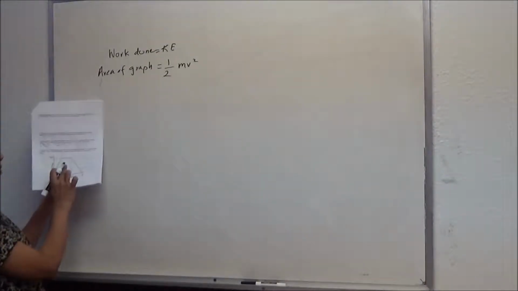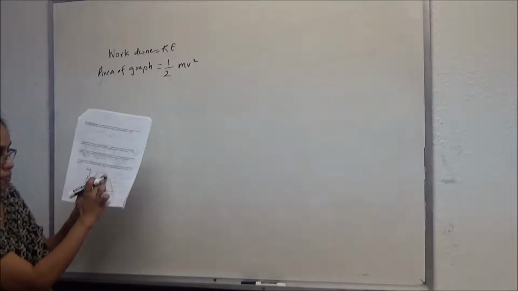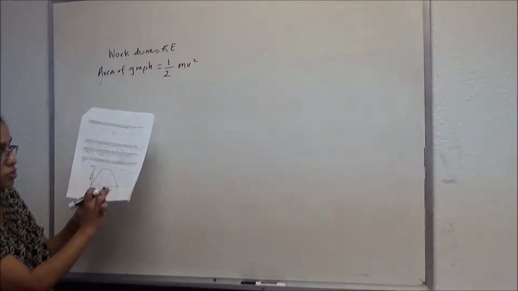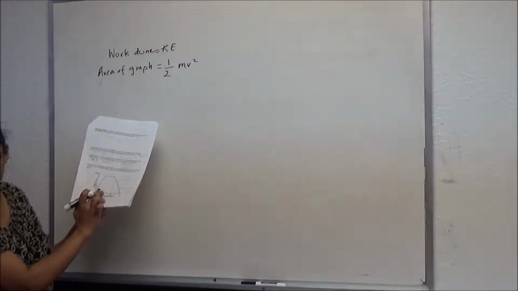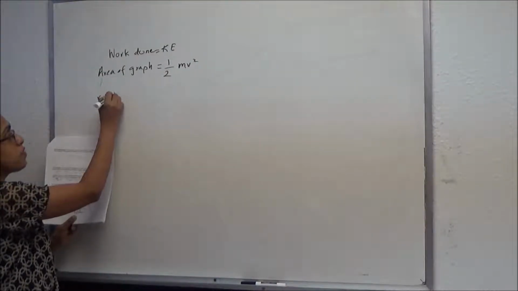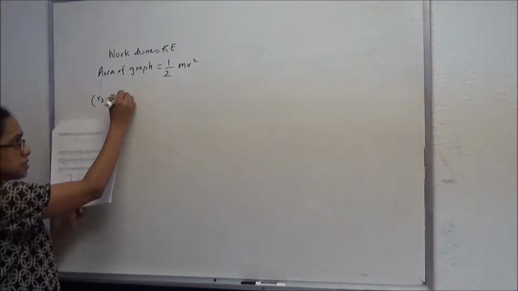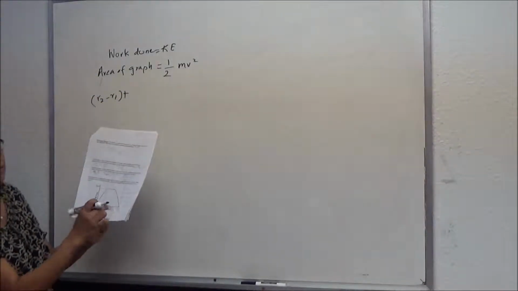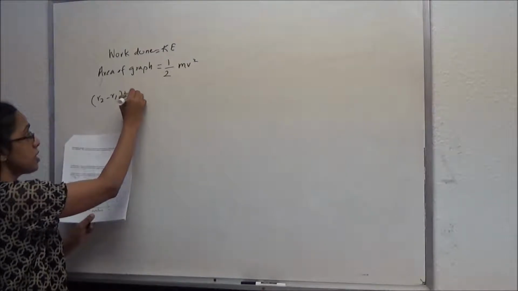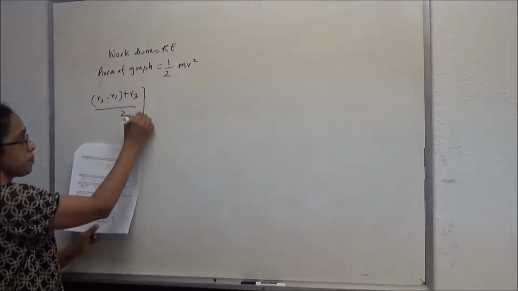What is this distance? That's r2 minus r1. Plus we need r3, which is straight away r3, and the average of it.